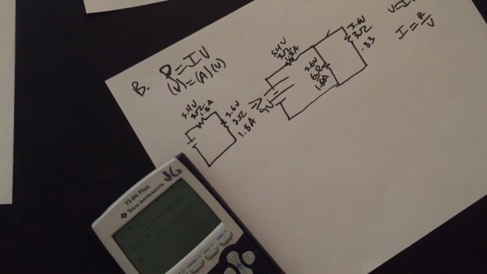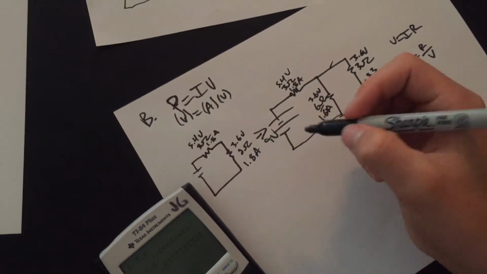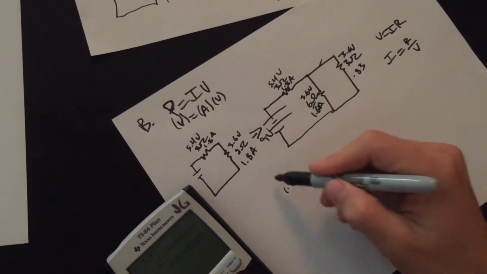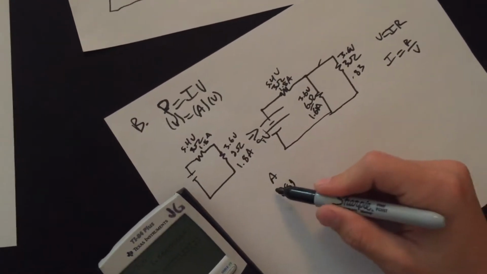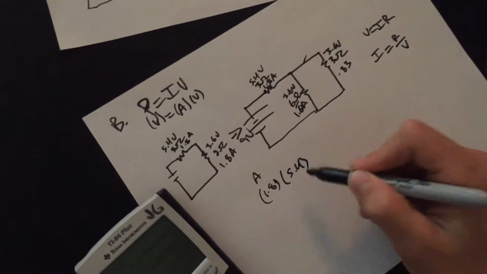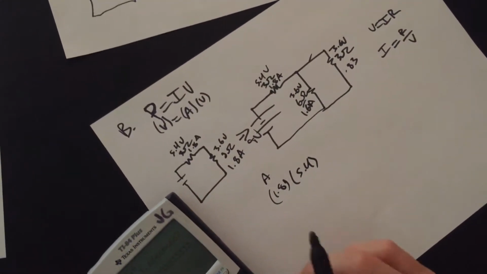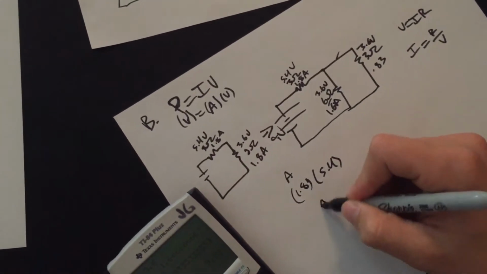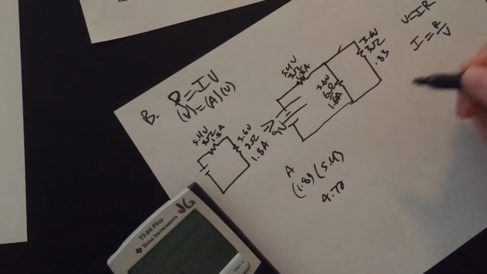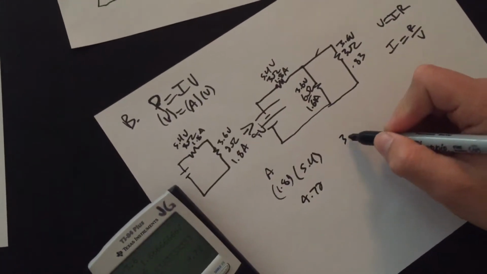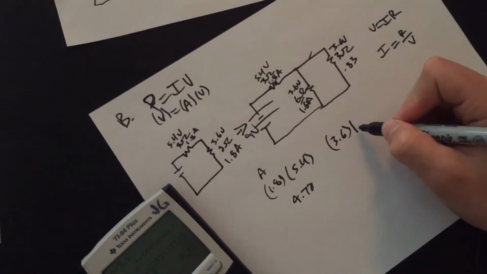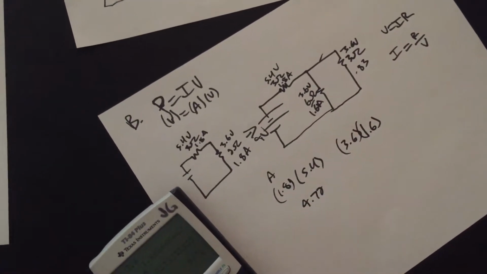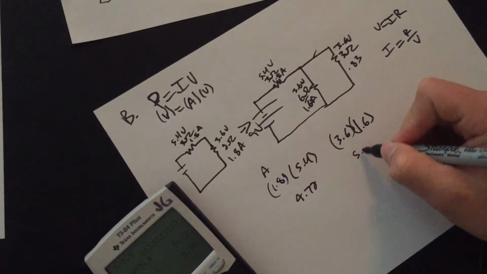So you're going to use power equals current times voltage. So you're going to do 1.8 for the bulb A, and 1.8 times 5.4 is going to equal 9.72. Then you're going to do 3.6 times 1.6, which is going to be 5.76.